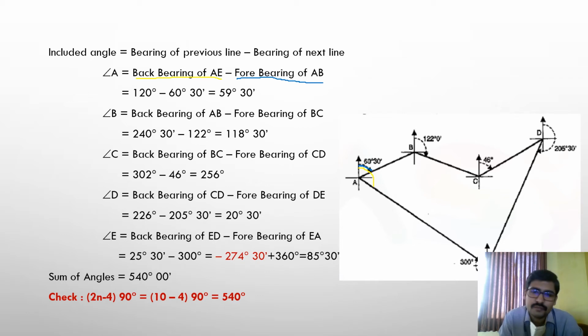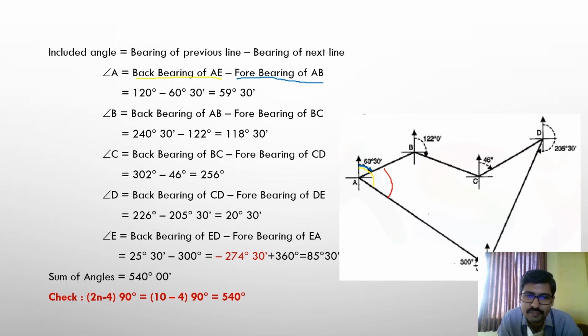If you subtract blue from yellow, you will definitely get the one which is required, isn't it? So the required angle is this. To get this, it is yellow minus blue. Yellow is the back bearing of line AE, blue is the forward bearing of line AB. So you will get the required angle.